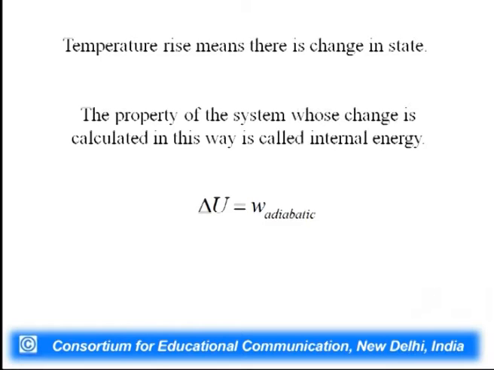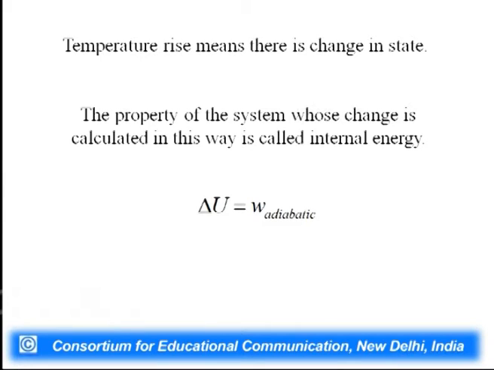Now, the temperature increased. What does that mean? That there is a change in state. And since work is being done on the system, it must be equal to some energy. That is what Joule defined as internal energy.